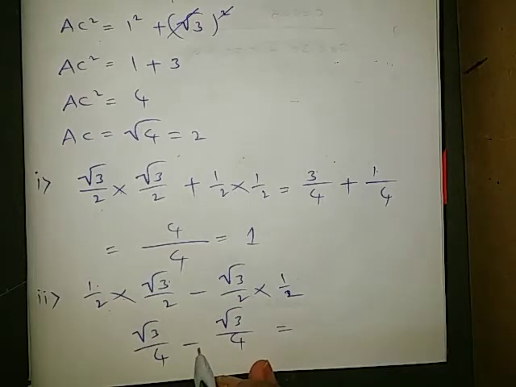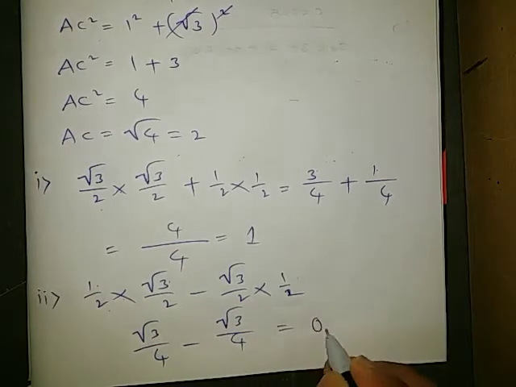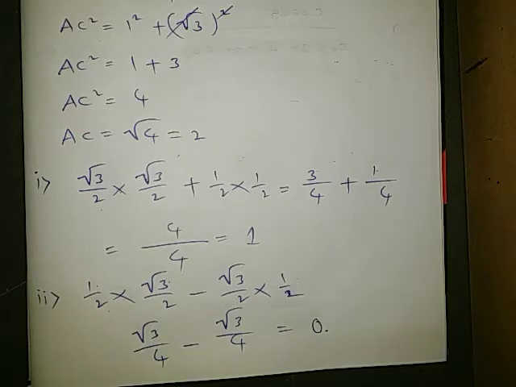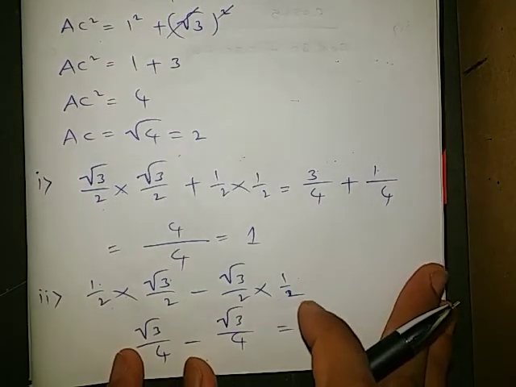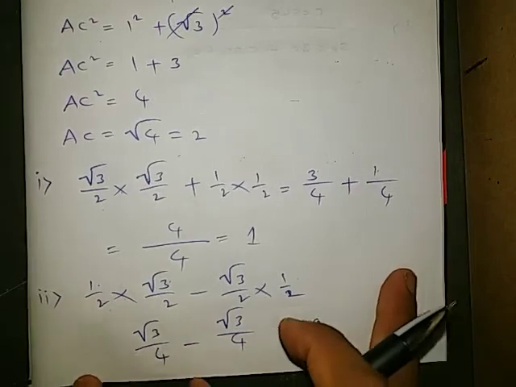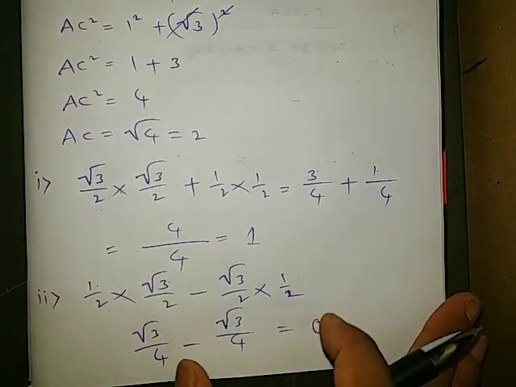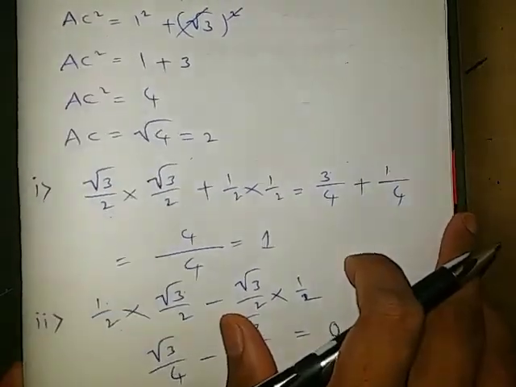Root 3 by 4 minus root 3 by 4 is nothing but 0. So with this problem, we came to the end of exercise 11.1, that is the first exercise of trigonometry. Let us move to the second exercise.